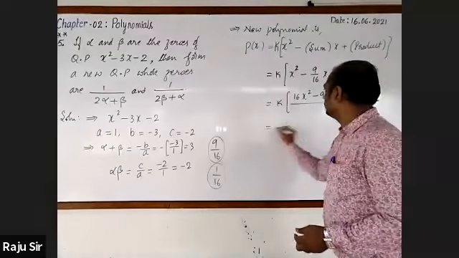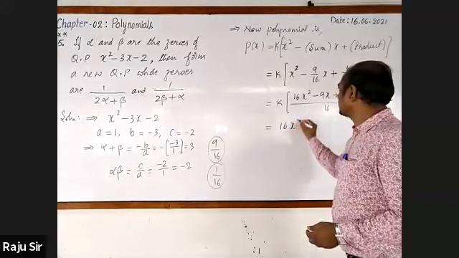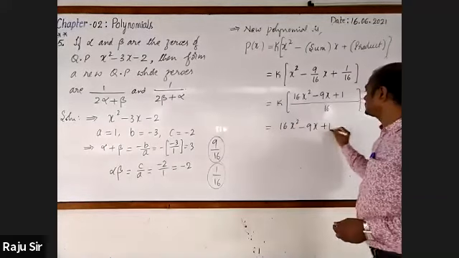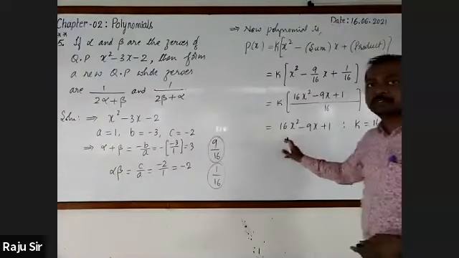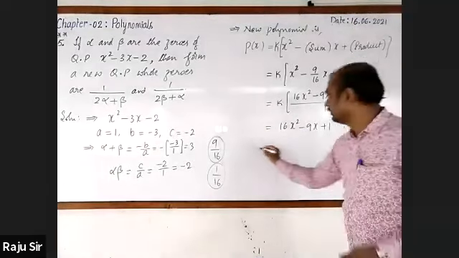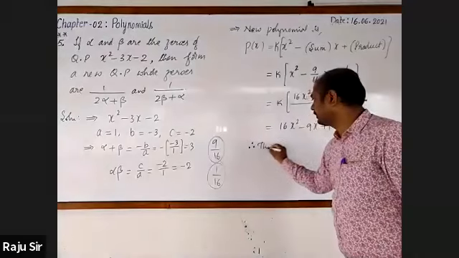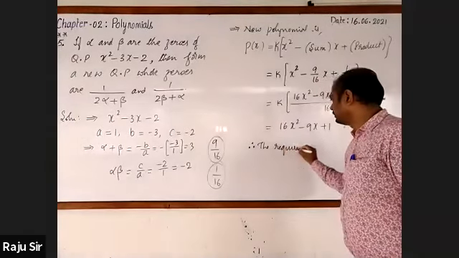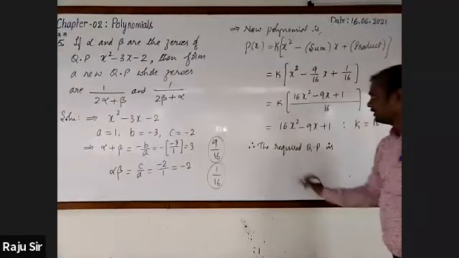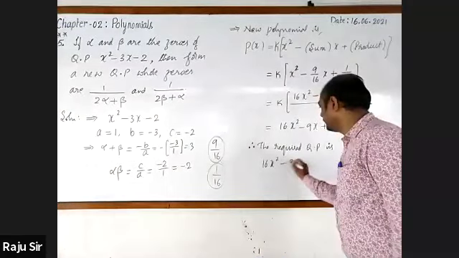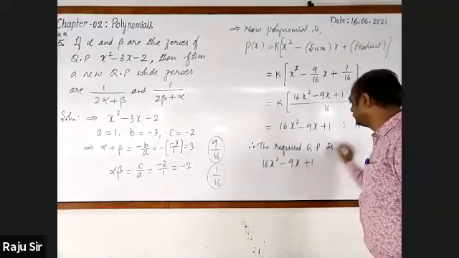It is equal to 16x square minus 9x plus 1, where k is 16. So this is the required polynomial. Right, conclusion. Therefore, the required quadratic polynomial is 16x square minus 9x plus 1.